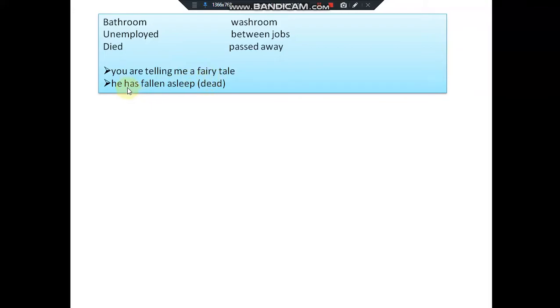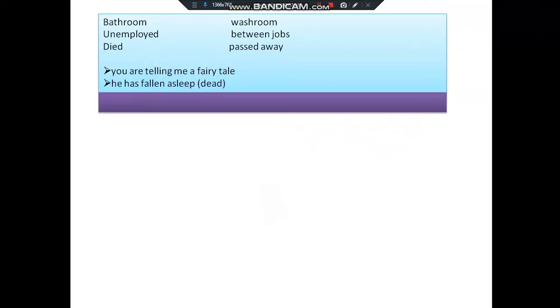A very good example, if I say he has fallen asleep, is again a beautiful example of euphemism that is replaced with dead. If I say he is dead, such a sudden expression can make the other person dead as well. So you must understand the beautiful effect of using euphemism.